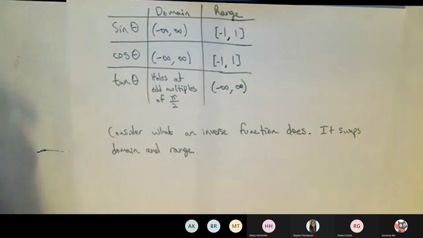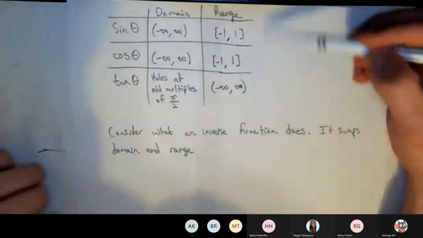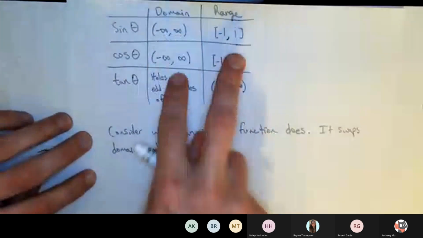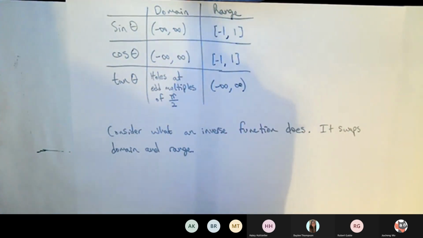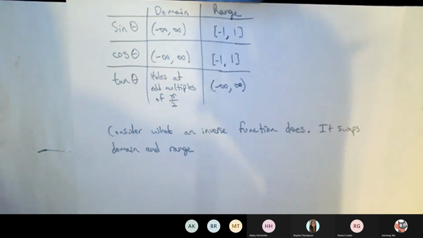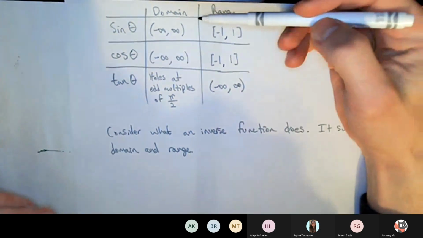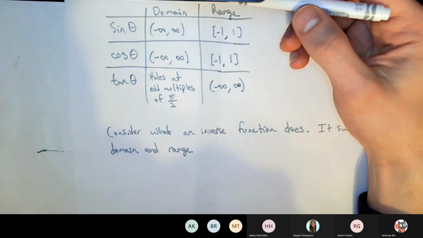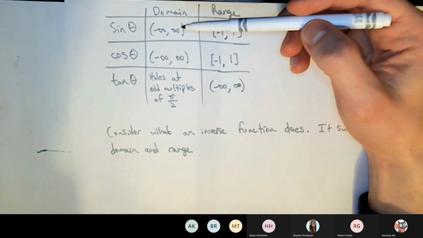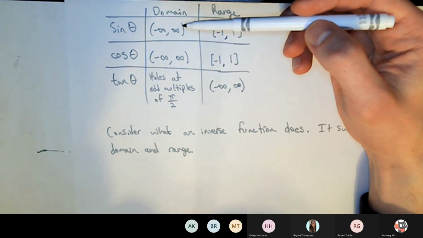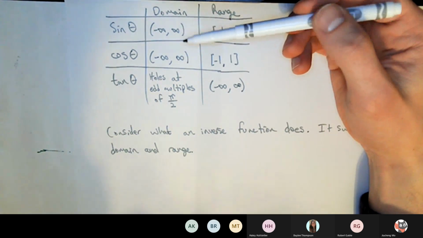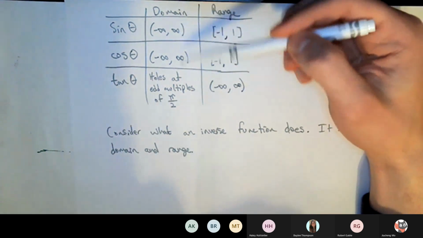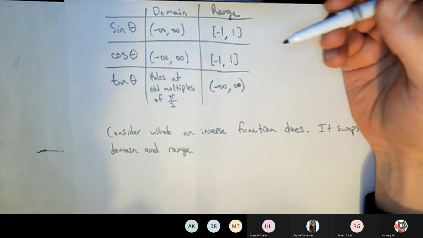Okay, so can I just say the inverse function and literally flip this table around, right? Can I do that? No, because we need to do something where we restrict. We have to restrict the domains here in order to make these invertible.